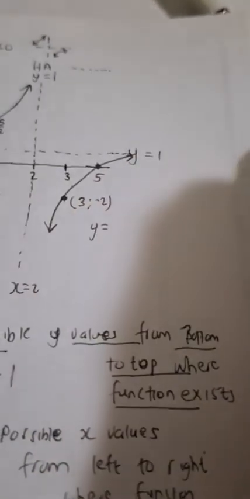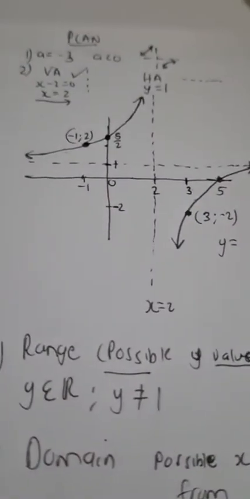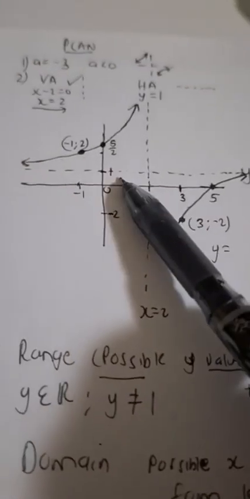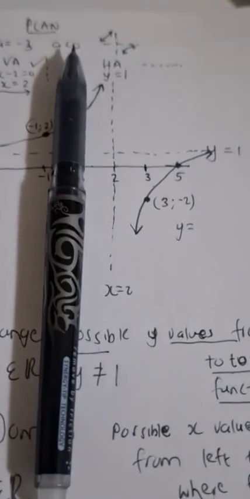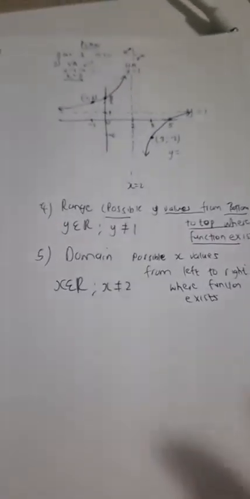This arrow indicates the infinite nature of the function to the right, and to the left, negative infinity. So when we write the domain, we are looking at the possible x values. We are moving from left because those are the x values as we move. But here, the function on the vertical asymptote does not exist. So we say x is an element of R, x cannot be 2.